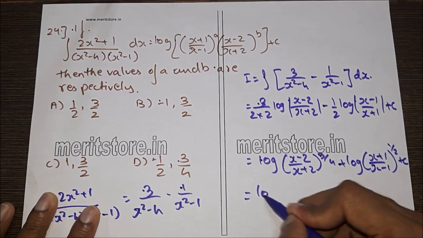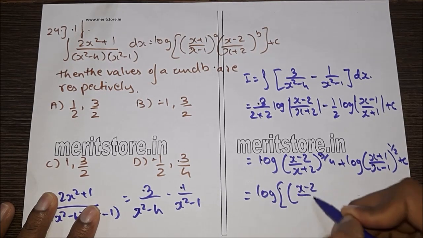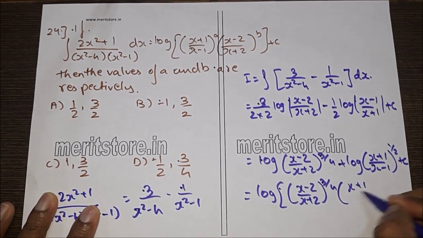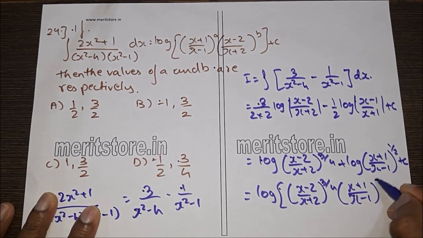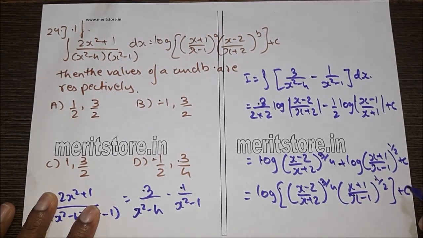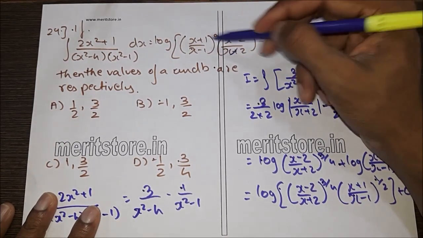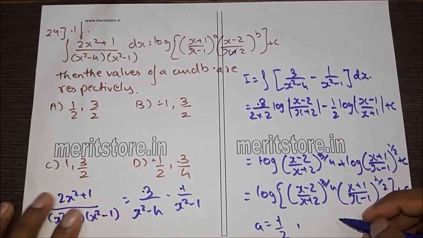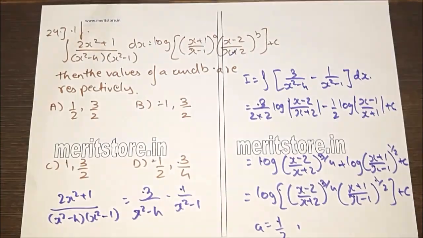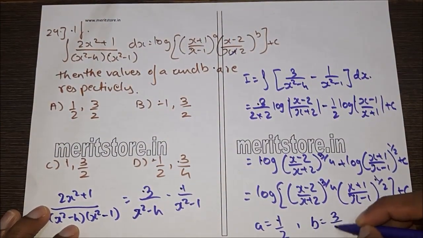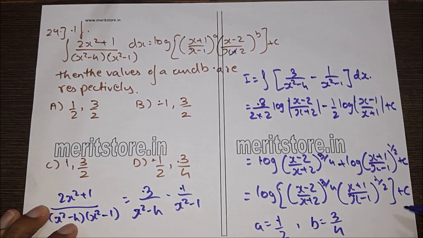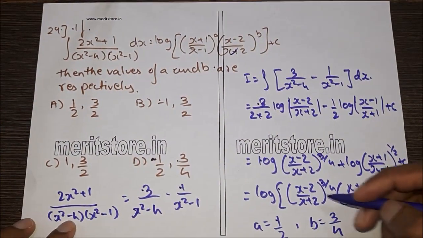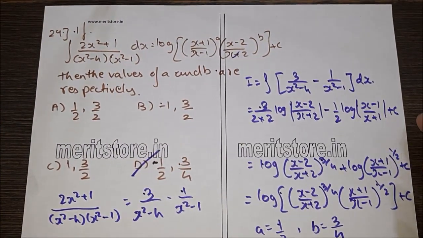If we compare this with the given question, we get a equal to half and b equal to 3 by 4. Therefore, our answer matches with option D. Therefore, option D is the correct answer.